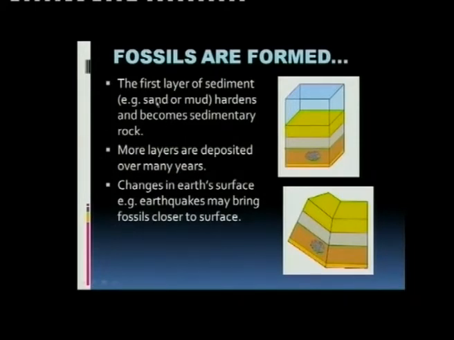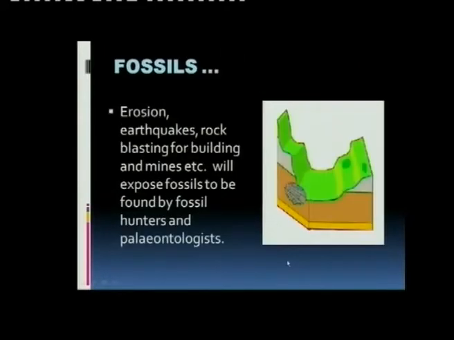Now, sediment, sand or mud, and that's why you often find fossils in areas that used to be flood plains, for instance, river banks, river beds, inland seas. It is because it was covered by sand or by mud that over time hardened into sedimentary rock, and over long periods of time, changes in the Earth's surface might have brought these fossils closer to the surface.